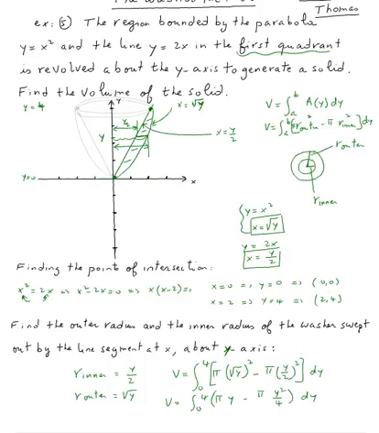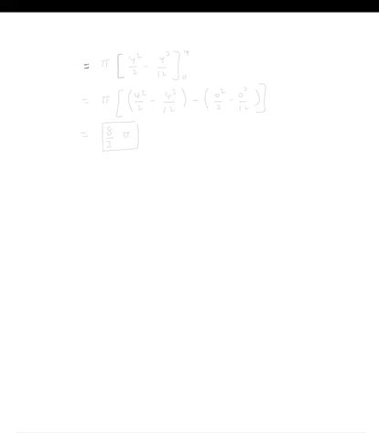We can take the pi outside, which is equal to pi times the integral, which will be y squared over 2 minus y cubed over 12, between 0 and 4.